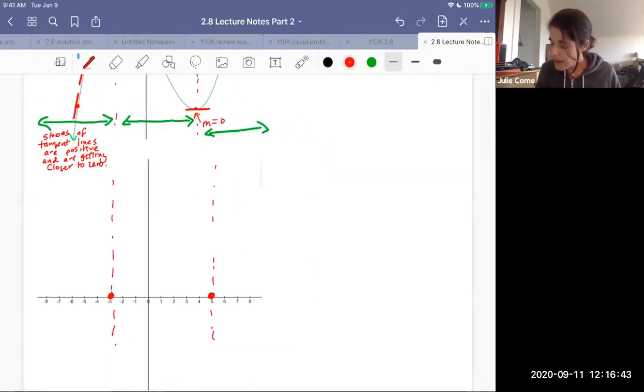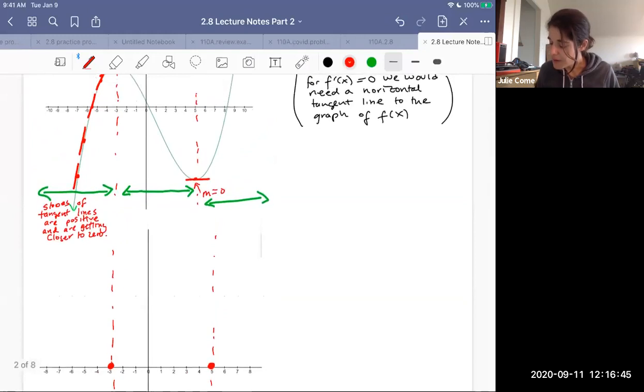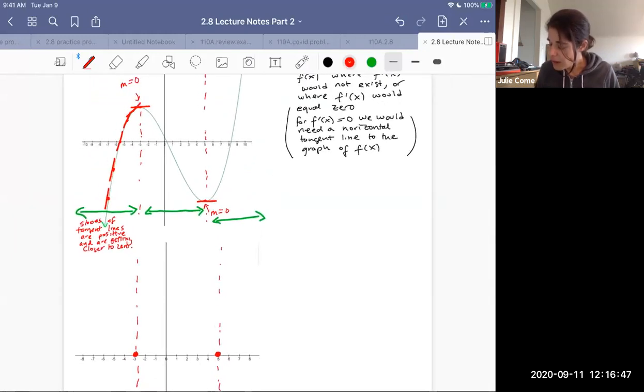Well, what does that mean about the graph of my derivative function? It's going to mean, since I know that for all values of x to the left of -3, the tangent lines have positive slopes, that the graph of my derivative function has to have y values that are positive on this interval to indicate the height of each point.